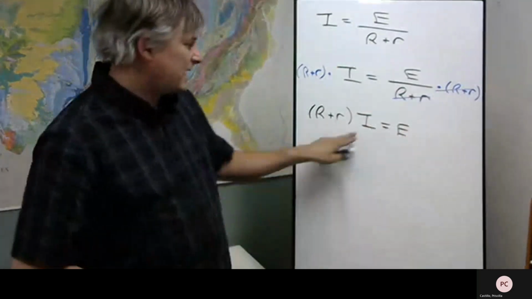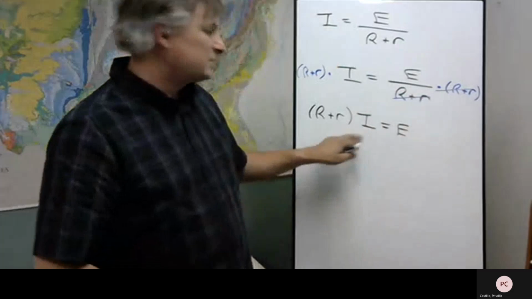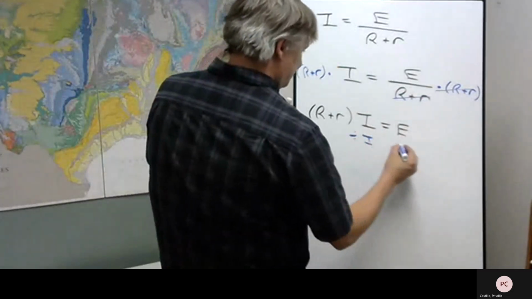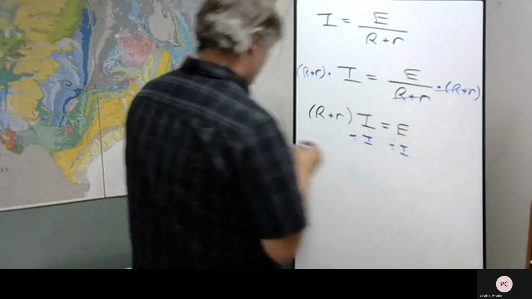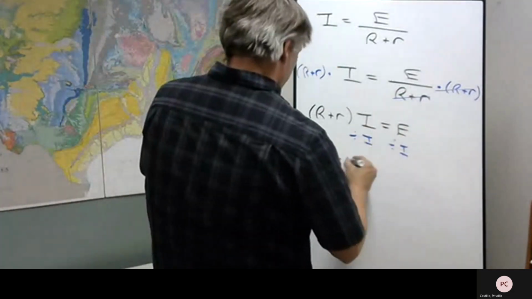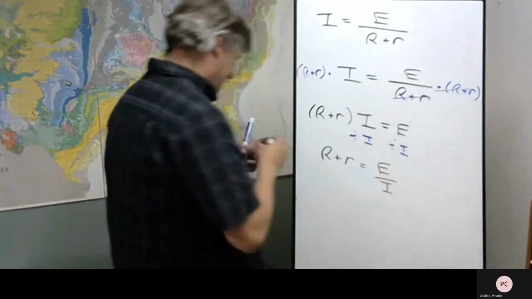Now, at this point, I might say, since we're trying to isolate this and sort of dig it out, let's divide by r, or I rather. So that takes away the need for the parentheses.